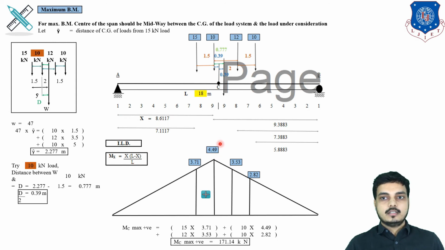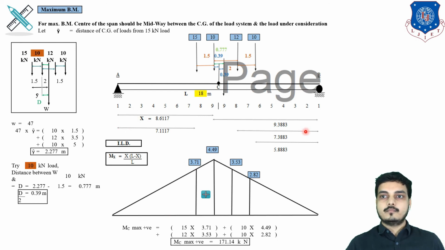After that, with the help of the formula, I can find out this 4.49, and that 4.49 is for the 10 kilonewton load, and the remaining value will be multiplied with the remaining ordinates. So this 15 is an ordinate for 7.11. So for 8.6 it is 4.49, and for 7.11 it is how much?